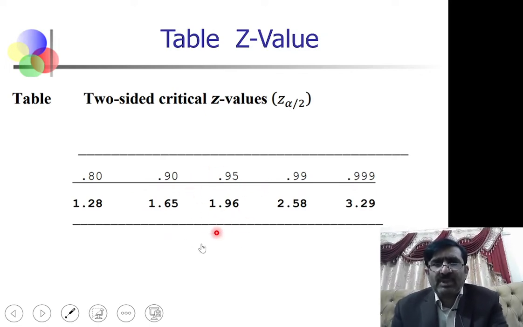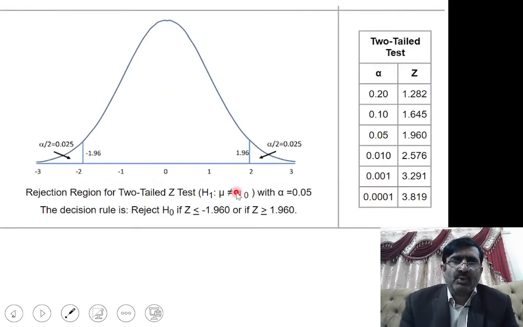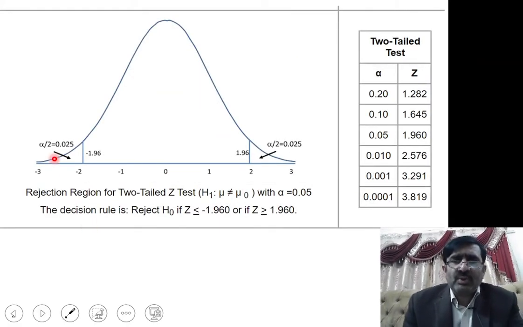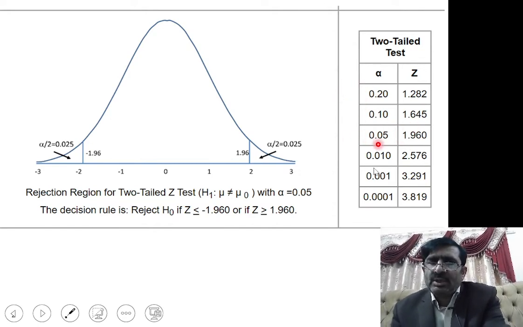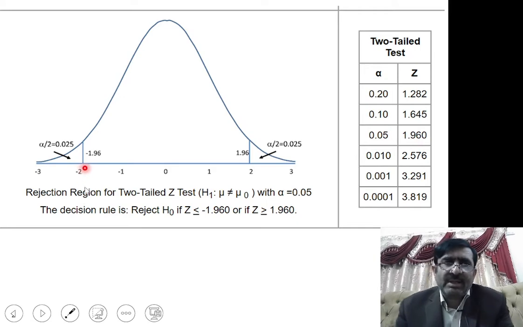Now remember that the z value from the table we have calculated is 1.96. You will get such a table in the books. In this table you can see that for different values of alpha you will have a different value of z. It is understood from the table that, for example, if 5% are innocent, then your line will become here.